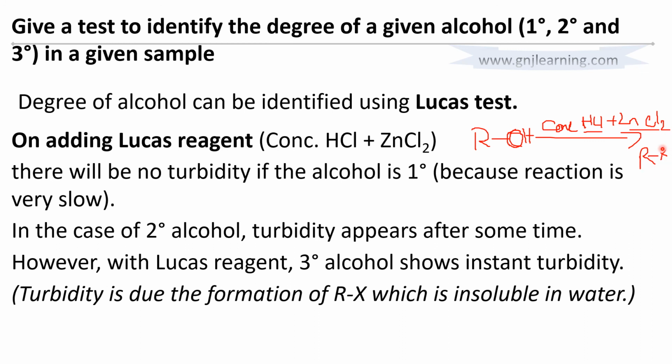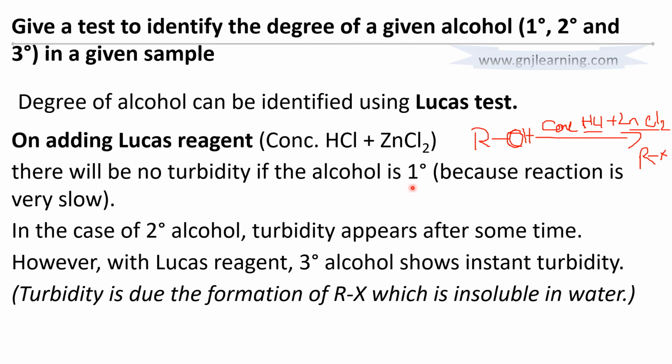Now this RX that is obtained is insoluble in water. So if we are carrying out a reaction, how to determine whether the product is formed? You just see the turbidity. If RX is formed, it will be insoluble and it will be turbid.